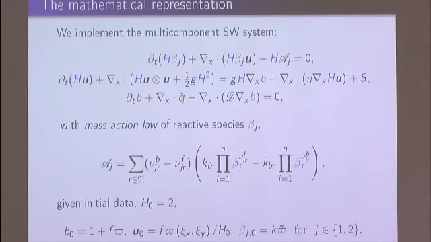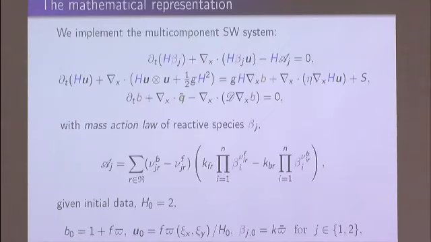So what we do is we take our shallow water system and we couple a chemistry to it just by adding a law of mass action here. At least these two equations can be derived directly from Navier-Stokes, multi-component Navier-Stokes. This equation is a little bit more mysterious, but I think pretty much established.